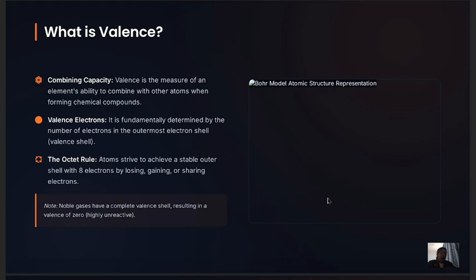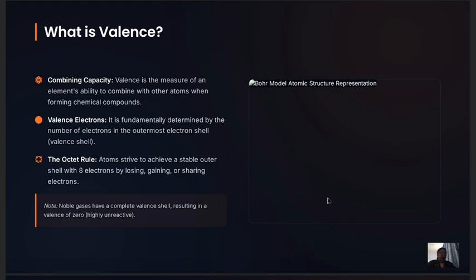Why do atoms combine? Because of the octet rule. Atoms always strive to have a stable outer shell with 8 electrons. That's the goal. They do this by losing, gaining, or sharing electrons with others.